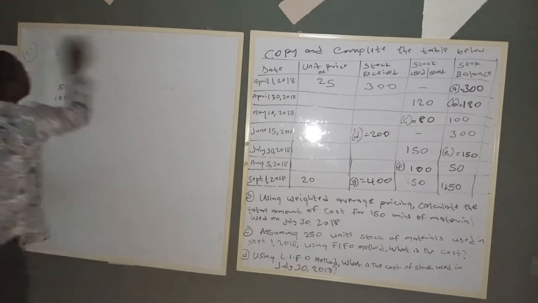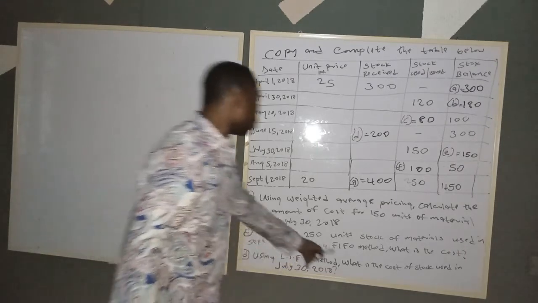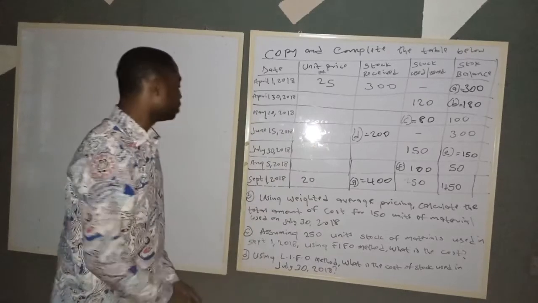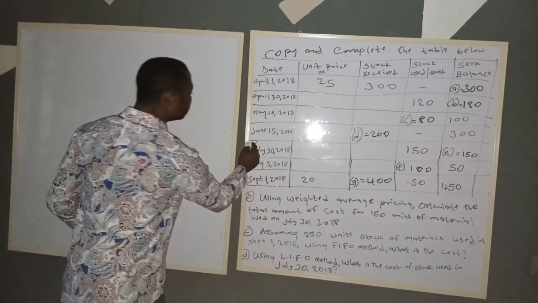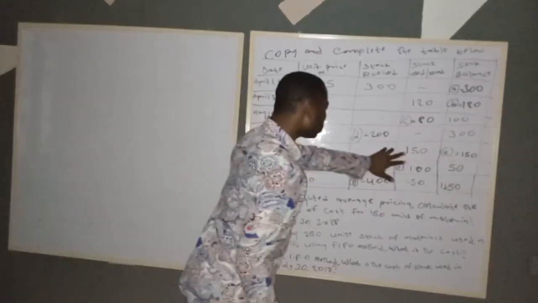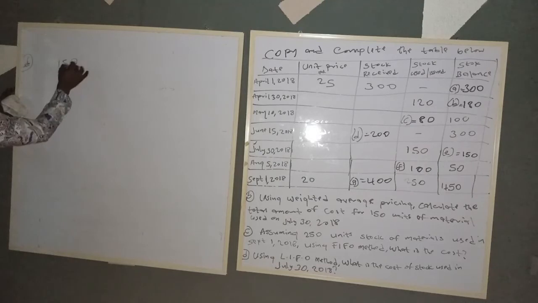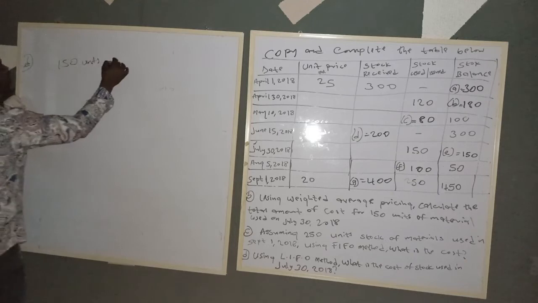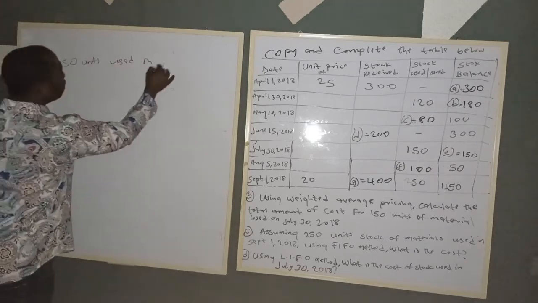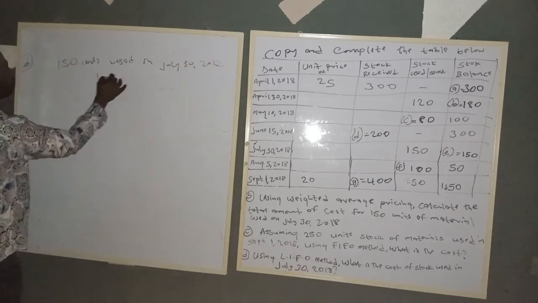Then you can move to the next number, which says that using the LIFO method, what is the cost of stock used in July 30, 2018? July 30, 2018 using LIFO, last in first out. From this 150, we want to estimate the cost of that 150 used in July 30, 2018 using LIFO.